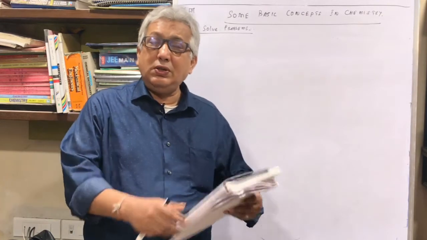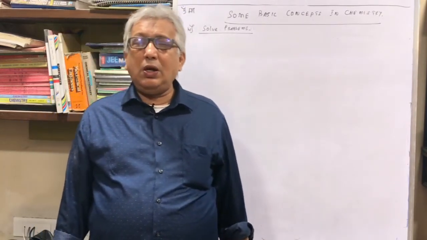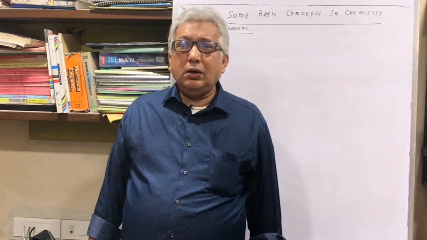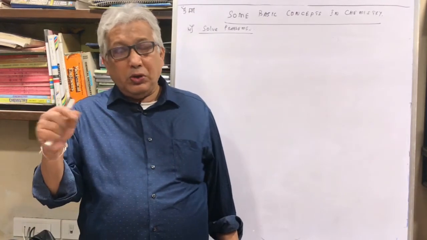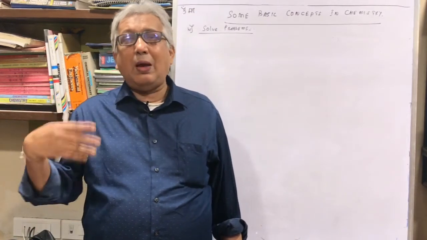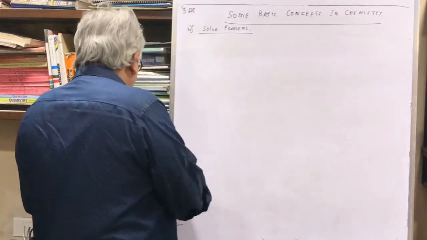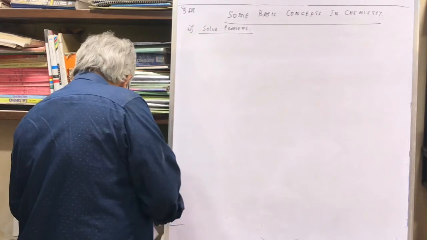So this we have learned in our study of isotopes, that we find out the average mass by taking the average of various isotopic masses with respect to the ratio in which they are abundant in nature.